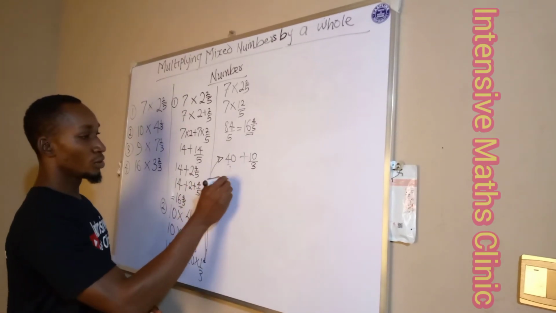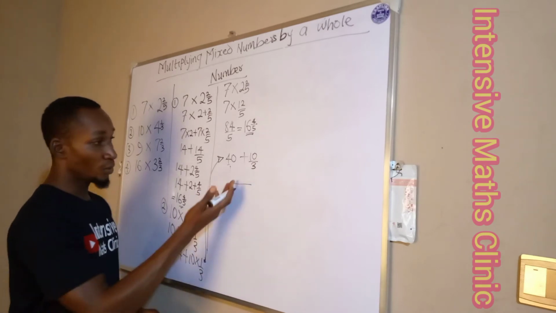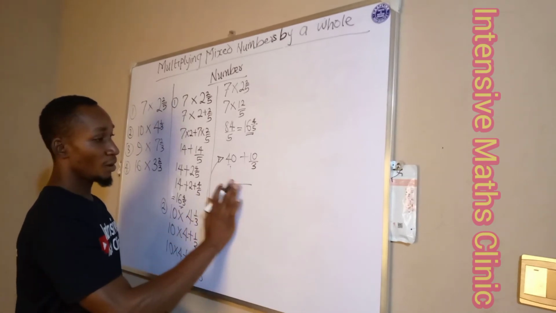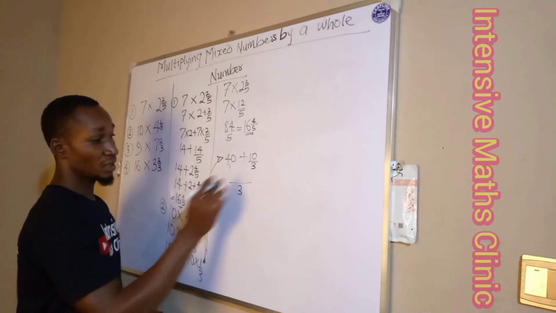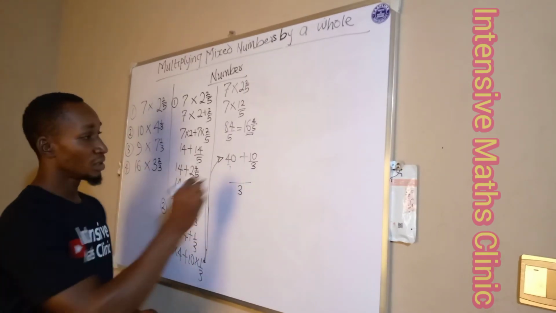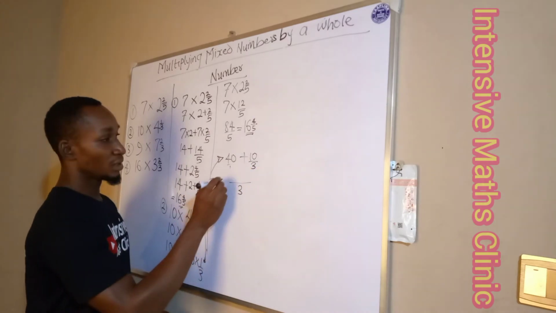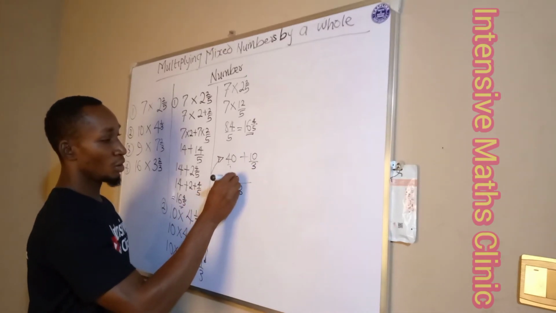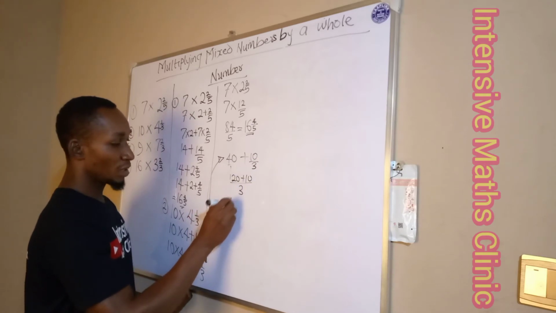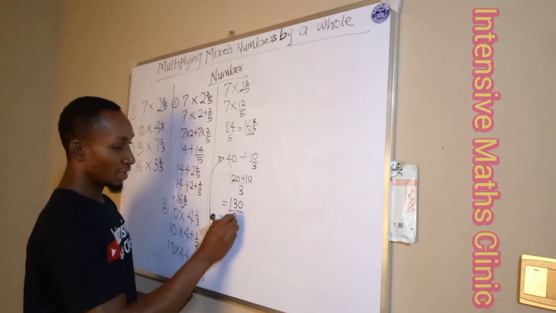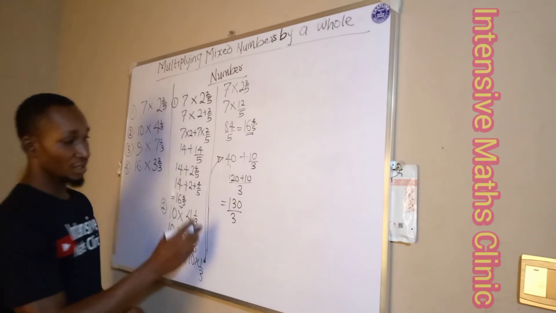We have two ways of proceeding here. Either we find the LCM. The LCM of 1 and 3 is 3. So we say 40 times 3 is 120, plus 10 times 1 is 10, which equals 130 all over 3.